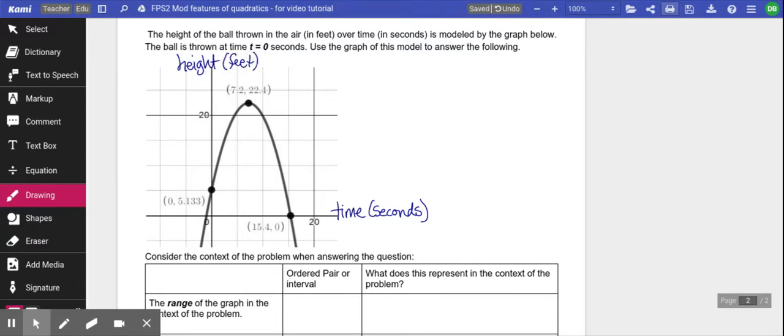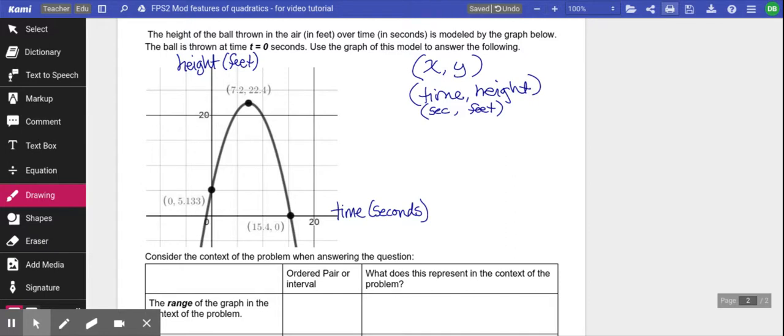So any ordered pair on our graph, x comma y, can be interpreted as time comma height. And if we're thinking about units, it's going to be seconds comma feet.